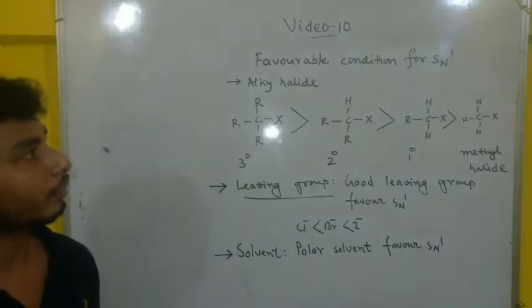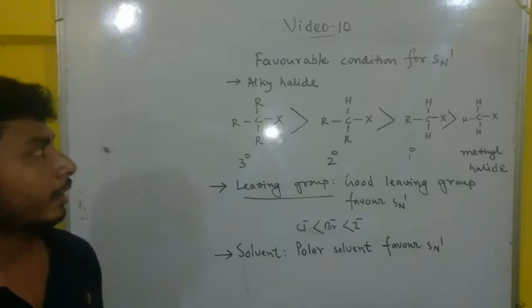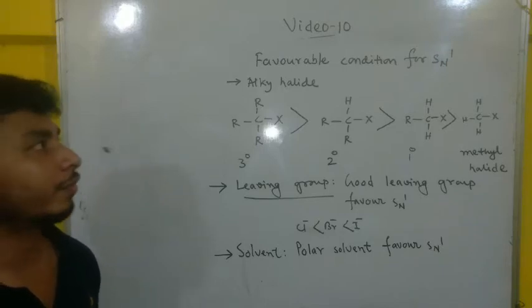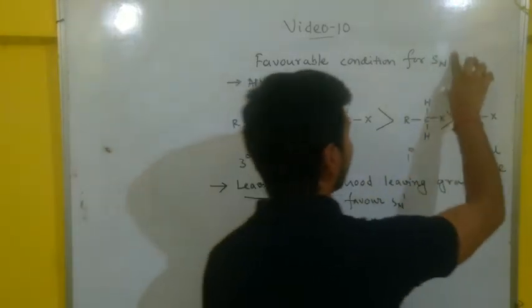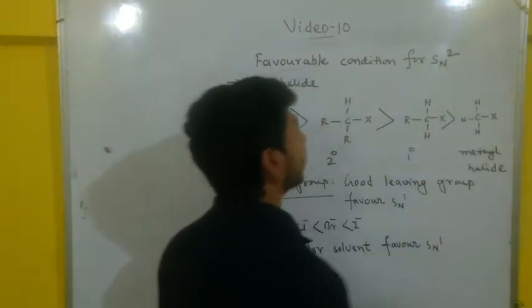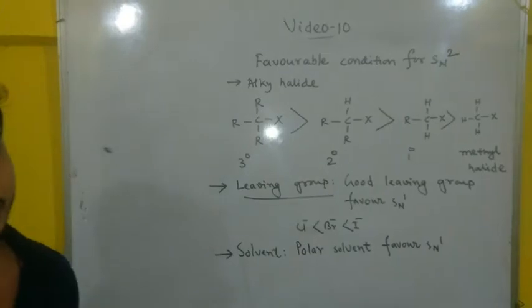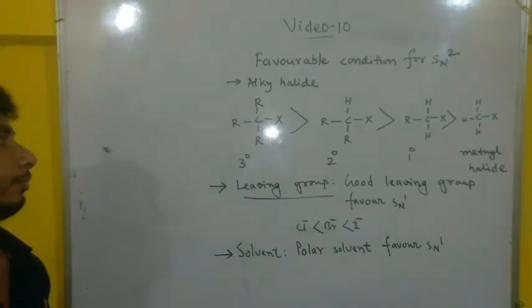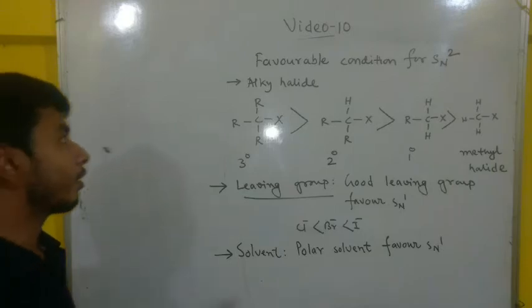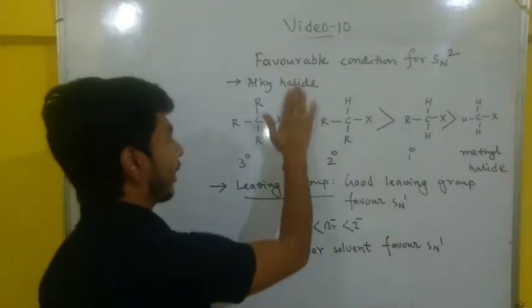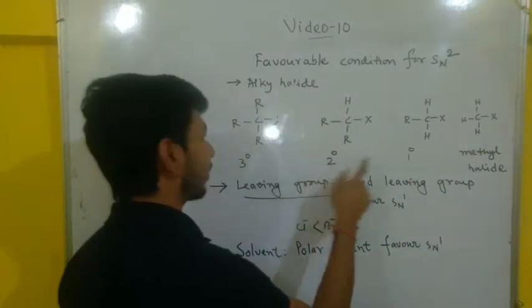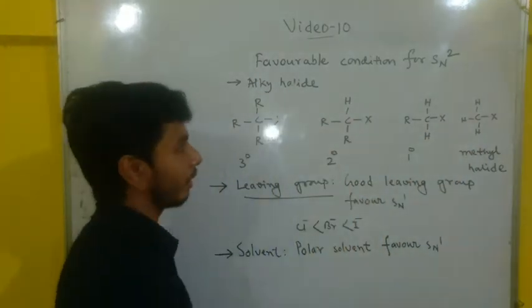Now, the next point is the favorable conditions for SN2 reaction. Here also the first point is the alkyl halide: 3 degree, 2 degree, 1 degree and methyl halide.